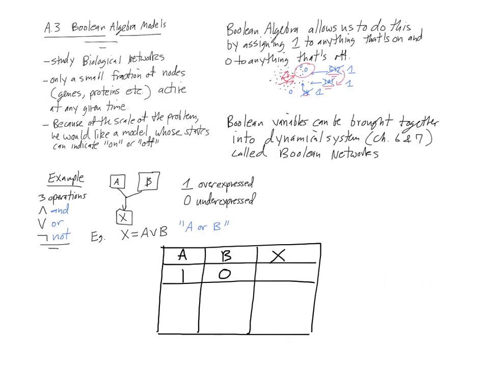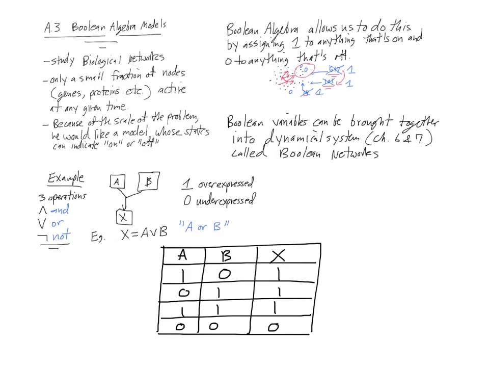In that event, since one of them is overexpressed and this is an or statement, then X will be overexpressed. We also have if A was underexpressed but B was overexpressed, again X will be overexpressed. If both of them are overexpressed, since this is an inclusive or, X will be expressed, and if neither is expressed, then X will not be expressed.